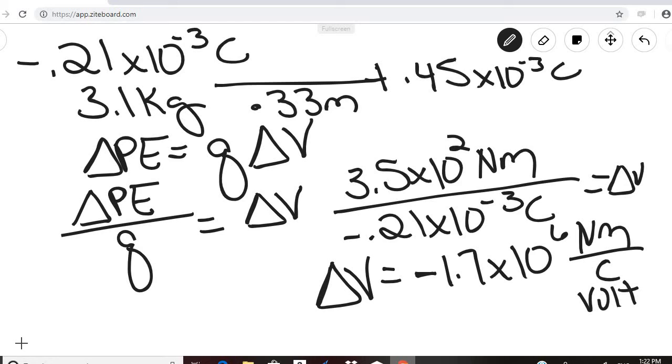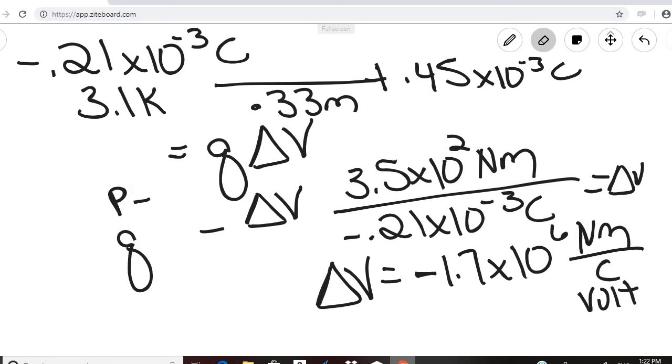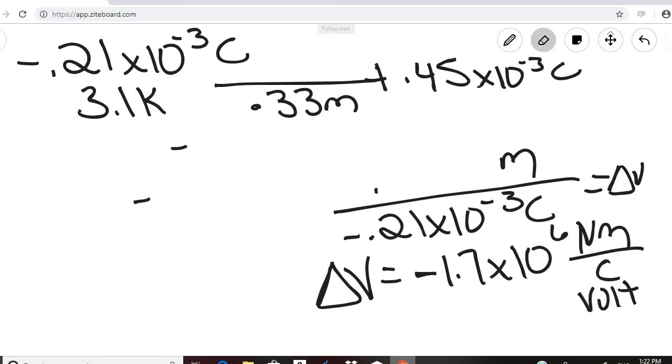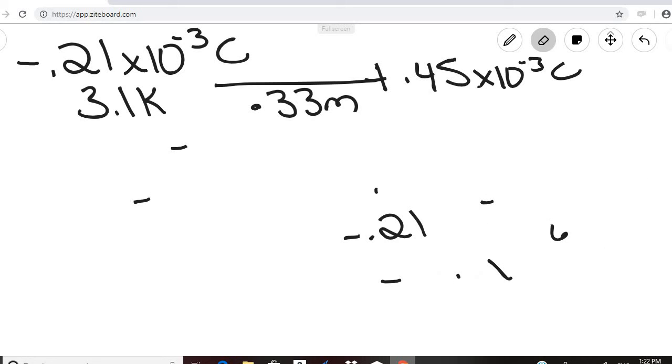Okay, so now we know delta V. We can now use that to calculate our VF and our VI. We know the distance that they were originally apart, so we can use that to calculate VI.